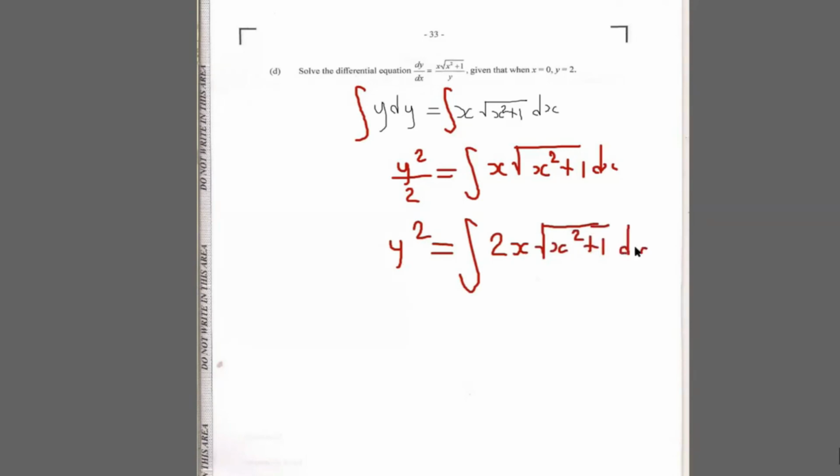Now that this is what you have, you can use u substitution to say maybe let u equal x squared plus 1.